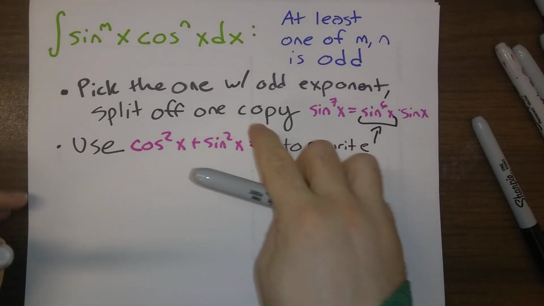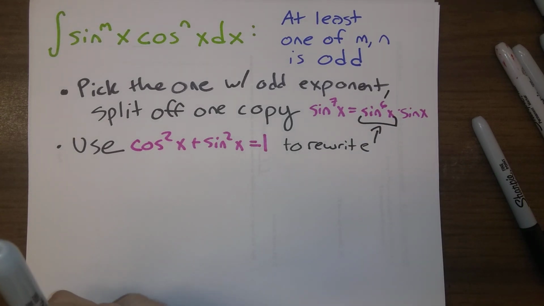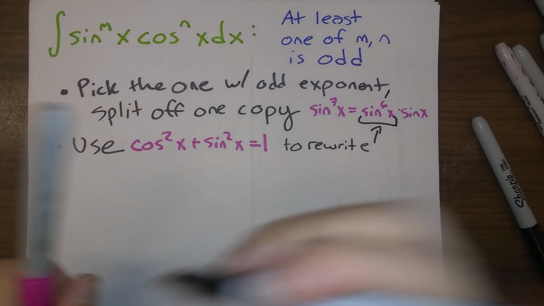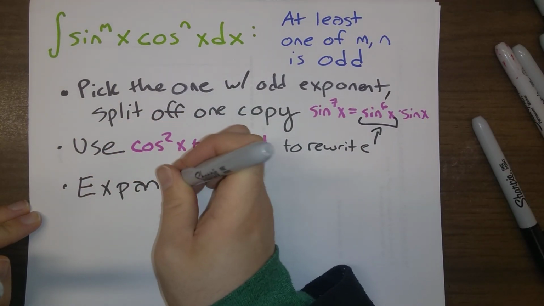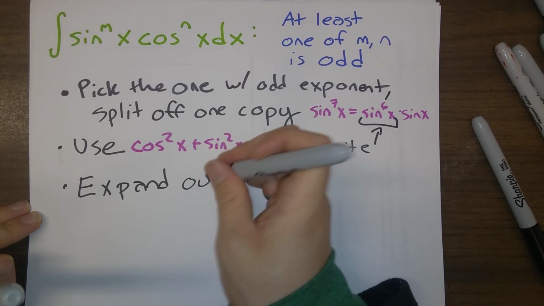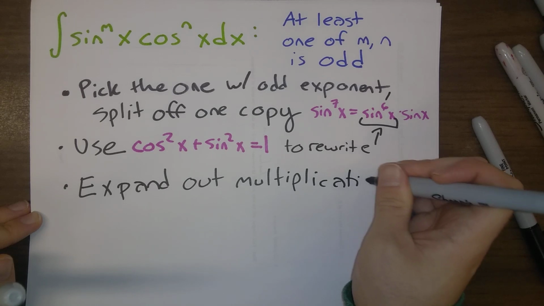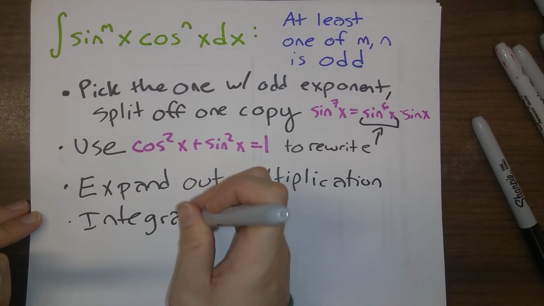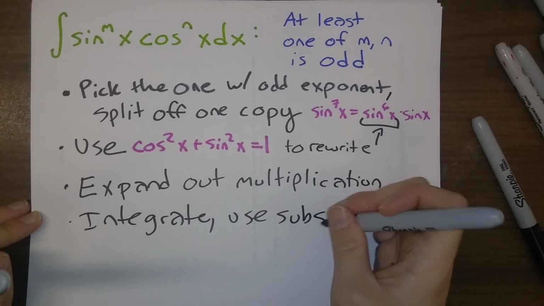So split off one copy, and that leaves a sine or cosine raised to an even power. Rewrite this right here, and then we'd expand out the multiplication, and then integrate. And we would probably want to use substitution.